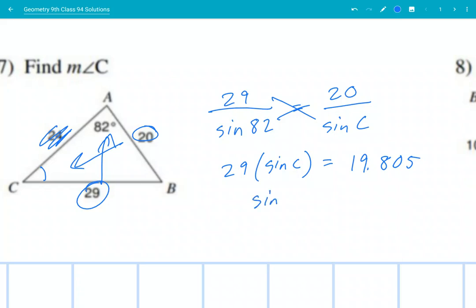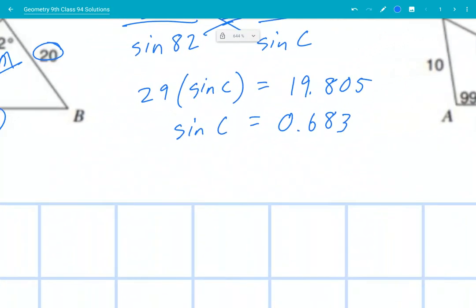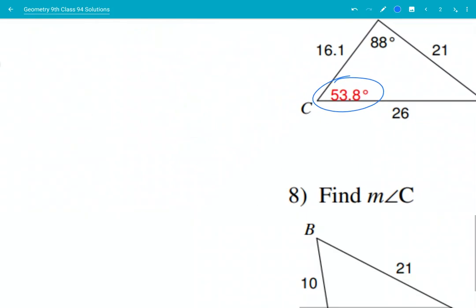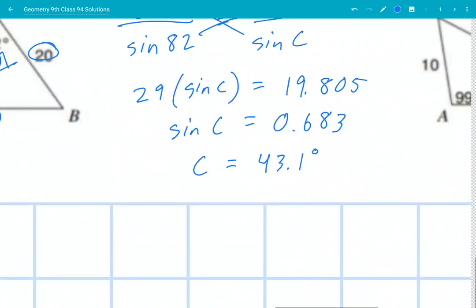On the left, you get sine of C. And on the right, divide by 29, you get 0.683. Inverse sine. The angle C is equal to the inverse sine of 0.683. You get 43.07. So rounded, 43.1. That's degrees because it's an angle. Now let's corroborate. Number 7, 43.1. There it is. Last question, and then we are done.